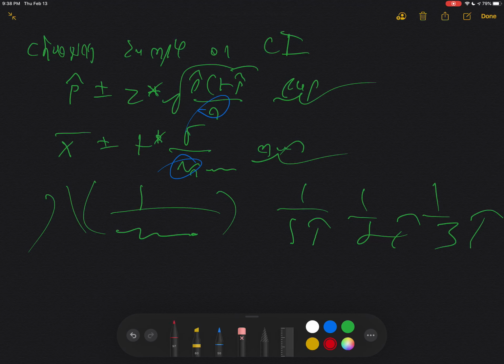So as you increase n, the fraction gets smaller, which makes your margin of error smaller, and that makes your confidence interval narrower. Therefore, when you increase the sample size, the confidence interval gets smaller.